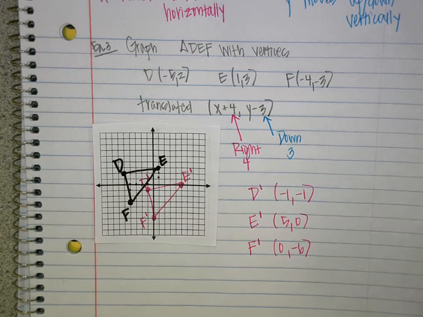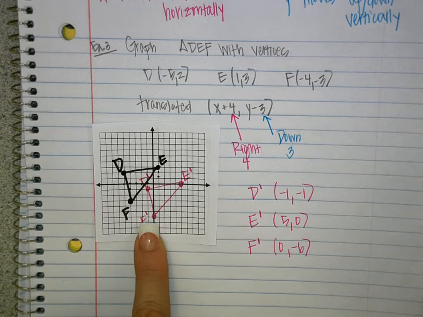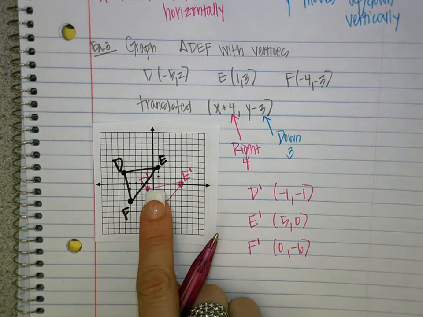I don't understand how you get the prime, like D prime, E prime, F prime. How I get the numbers? You tell me what point this is. So label what point this is. That's F prime. Do you not understand how to label the point? So you tell me what location that is. -1, -1.